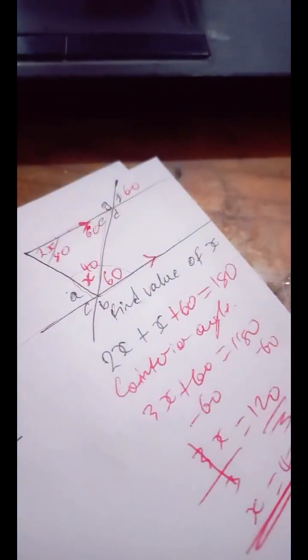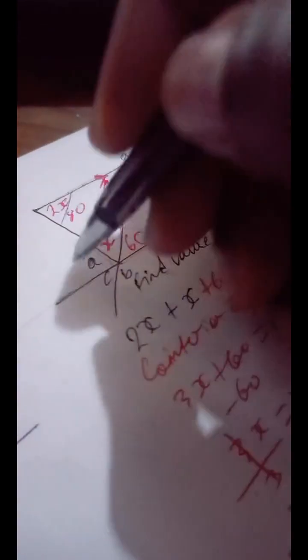Angles on a straight line. Perfect. Angles on a straight line. That's why our A is 80.